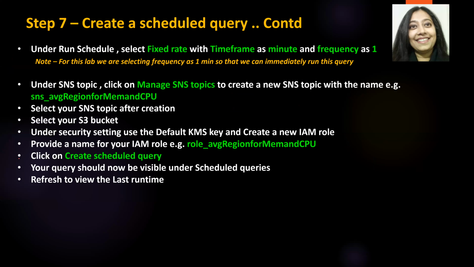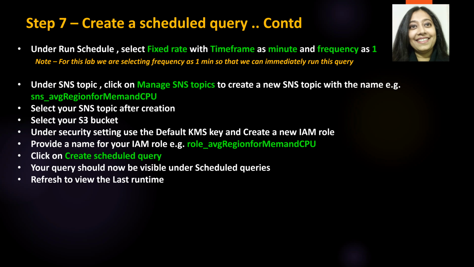Now continuing further ahead, under run schedule, we need to select fixed rate with time frame as minute and frequency as 1. And the reason I'm selecting the time frame as minute and frequency as 1 is that we want to run this query immediately as part of this lab, and we don't have to wait for a very long time.